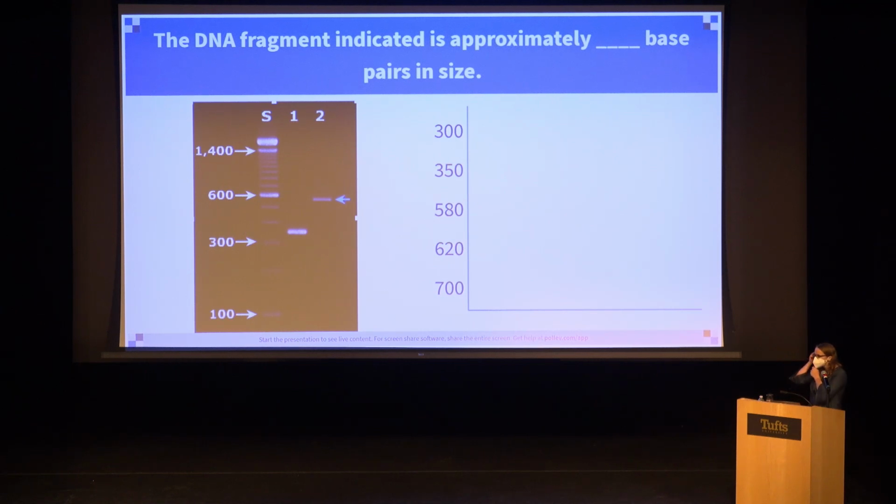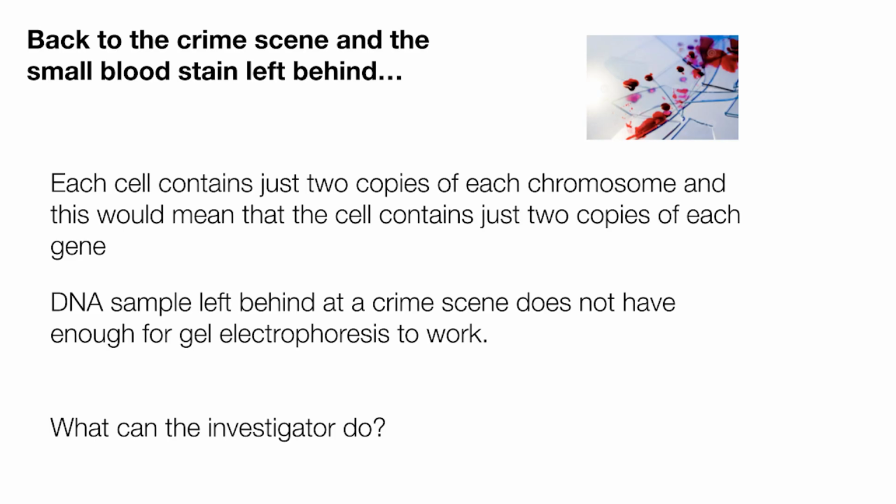All right, I'm sorry it's not showing up. But yes, we have a majority of people, 100%, saying 580, which is correct, because here your band is slightly further than 600, so it's slightly smaller than 600, so it's 580. That is the answer.